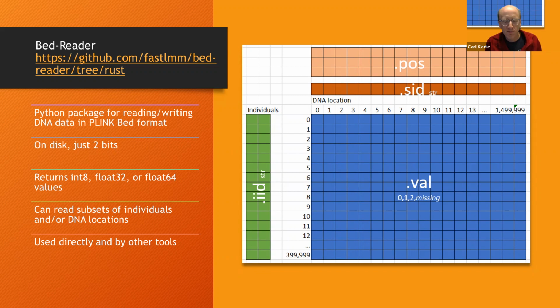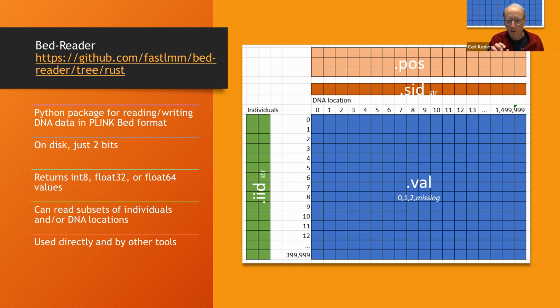A feature of bed reader that I think makes it nice is that you don't have to read just 1 column of data at a time, and you don't have to read all the data at once. You're allowed to say which subset of the individuals you would like data for, and or which subset of the DNA locations you want.